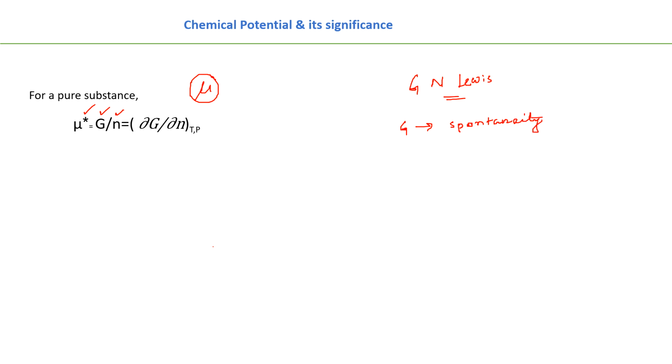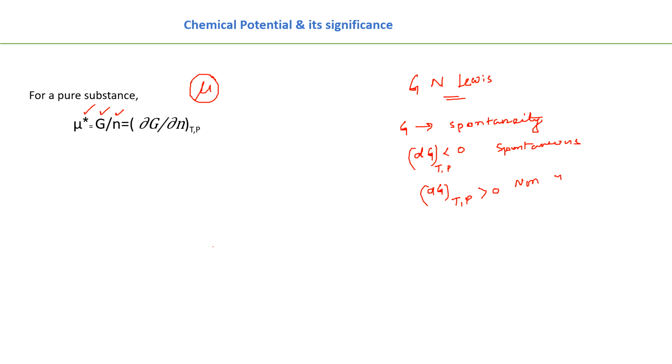From the classical thermodynamics point of view, we know that if del G at constant temperature and pressure is less than 0, then the reaction is spontaneous. And if del G at constant temperature and pressure is greater than 0, then the reaction is non-spontaneous.